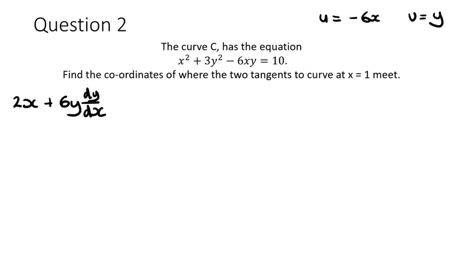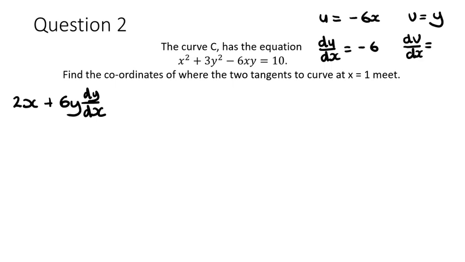So I'm going to call u the minus 6x, and I'm going to call v the y. You can just do u equals x; you don't actually have to make it minus 6x. You could work this out and times it all by minus 6 at the end. I'm just going to do minus 6 here, and then I don't have to worry about the negative symbol in a minute. So du by dx is minus 6, and now dv by dx.